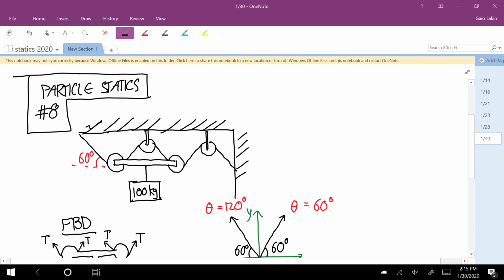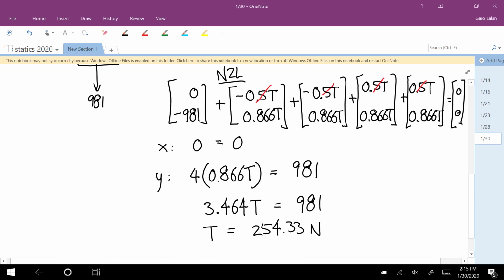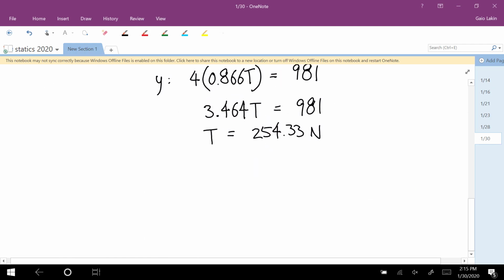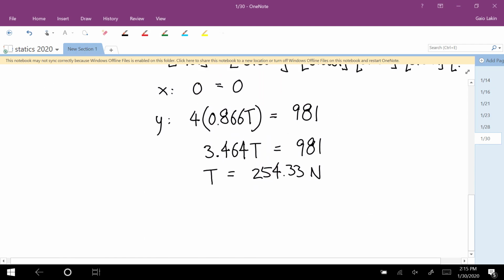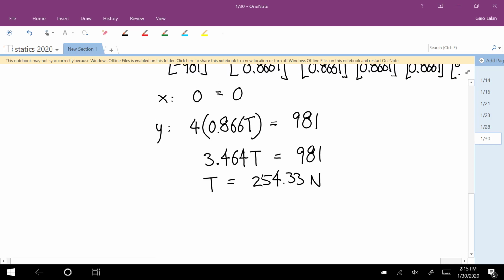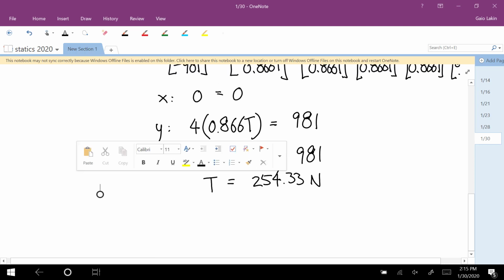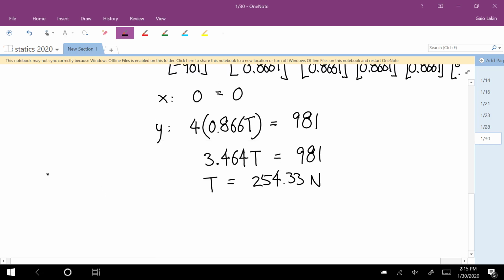And if you compare that to the one where those cables are all vertical, well, that would have been 981 divided by 4. So this is a little bit bigger. Did I do that right?